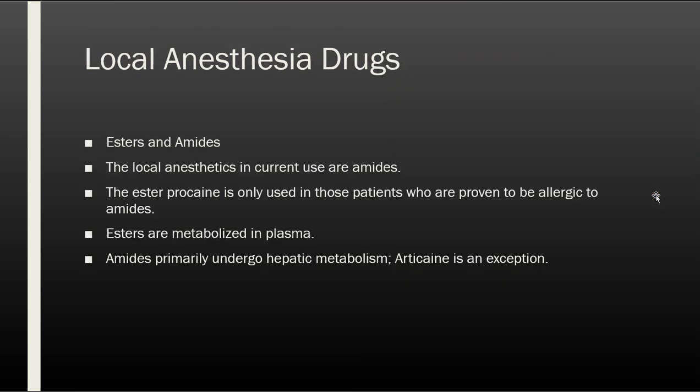Now, the local anesthesia drugs, we have esters and amides. Now we use amides. Ester procaine is only used in patients who are allergic to amides. Esters metabolize in plasma, amides hepatic metabolism. Articaine has both hepatic metabolism and plasma cholinesterase metabolism.